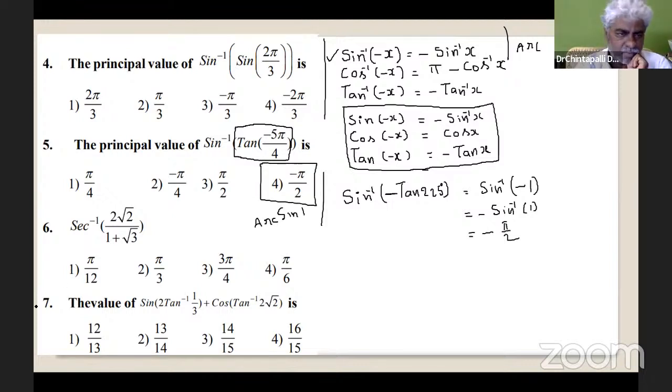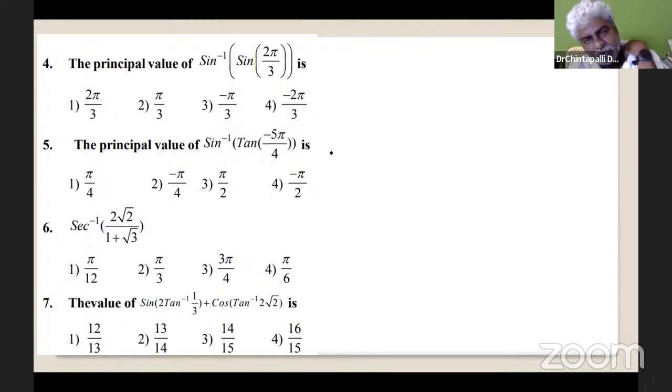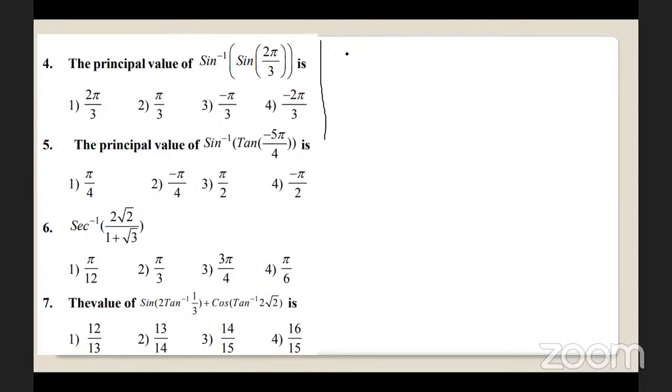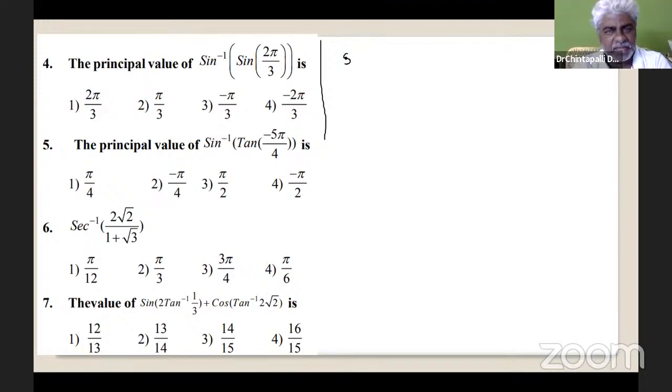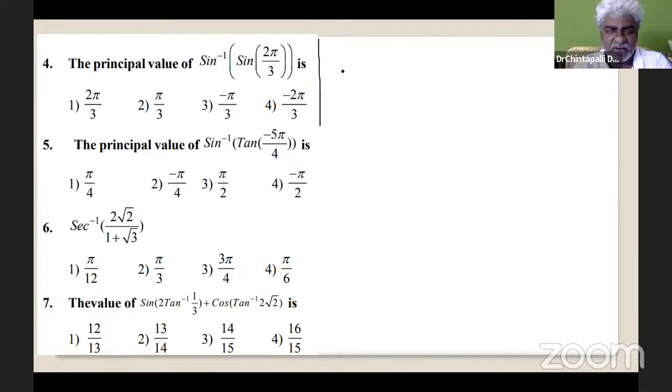Do you remember, the other day we wrote formulas for 15 degrees and 75 degrees. Do you remember cos 15 degrees? Root 3 plus 1 by 2 root 2. Very good.